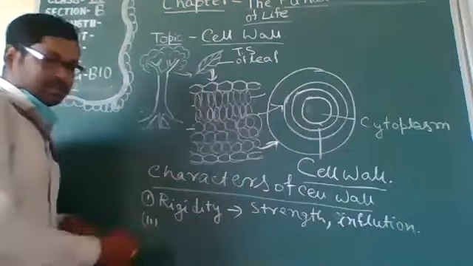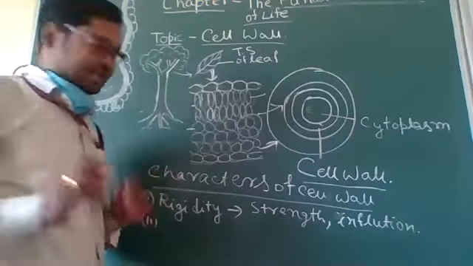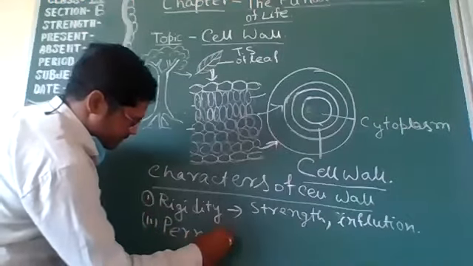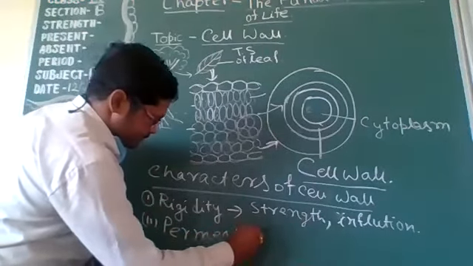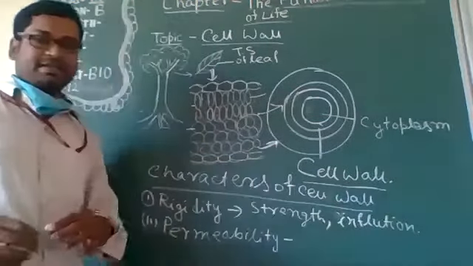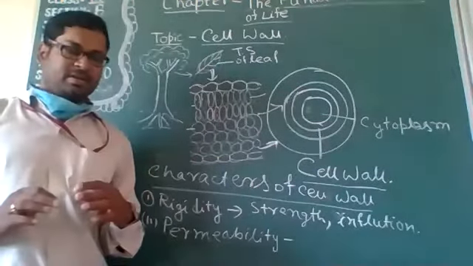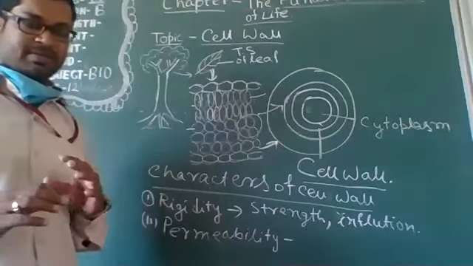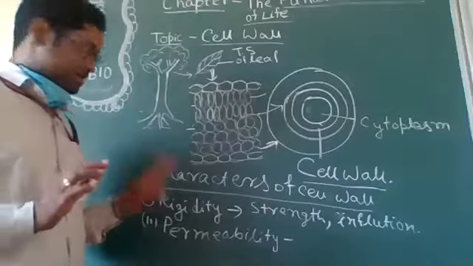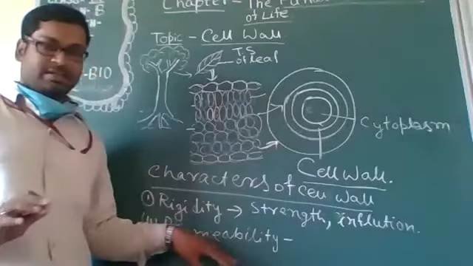Second character, permeability. In the previous class, during the study of the cell plasma membrane, I already discussed permeability. The same character is also present in the cell wall.